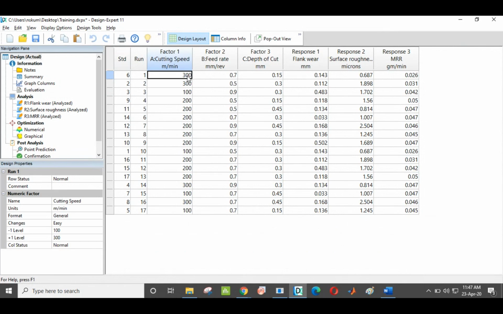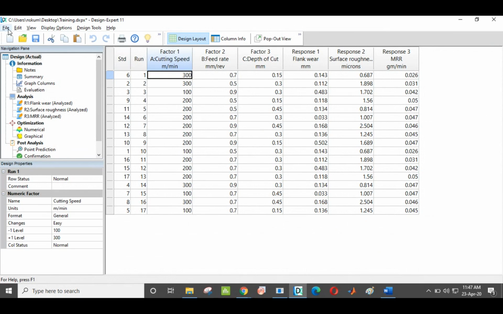So 100, 300, so 200 is the middle value. Similarly, 0.5, 0.9 in feed rate, it has taken 0.7 as the middle value. But in the case of central composite design, it will not be so. We have to change it according to the alpha value, that is the rotatability. Hope you are now well versed with the Box-Behnken design.